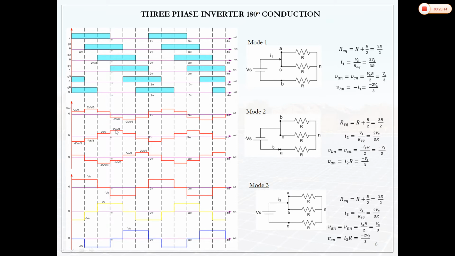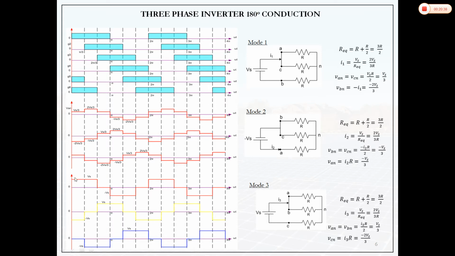Similarly for VCN, you have to shift VBN again by 120 degrees, so it starts from Vs upon 3 at this value. So this point is shifted to this point, and you will get the phase voltages.